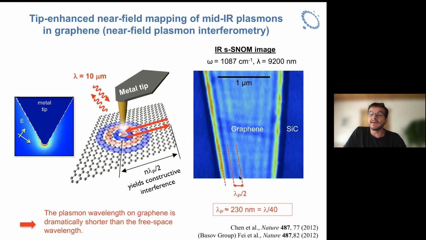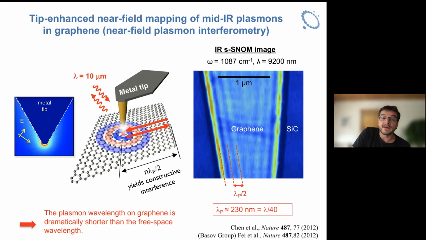These are the interferences created through the propagation of these polaritons on the graphene sheet. The fringe spacing is lambda over 2, the polariton wavelength over 2, and in this case, we illuminated the tip at 10 micrometer, and we observe a polariton wavelength of 230 nanometer, which is a shrinking of the wavelength of light by a factor of 40. So that's an extreme confinement, and that makes things extremely interesting.